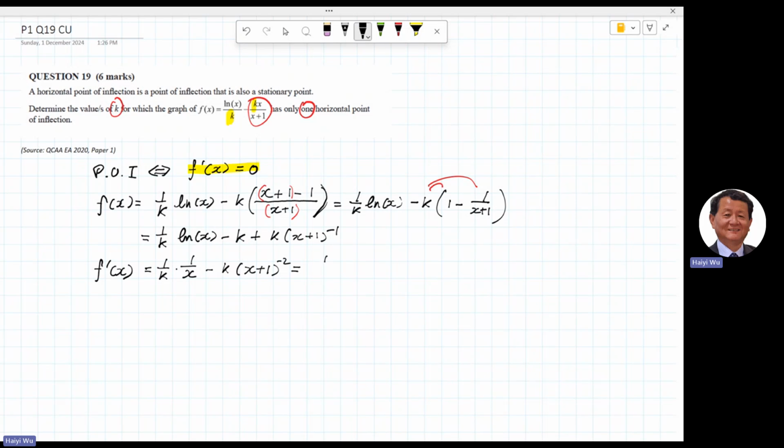So I'll put it neatly together: minus K on the top and (x plus 1) squared on the bottom. Then I'm going to make a common denominator, so we've got Kx(x plus 1) squared, with the numerator on top.